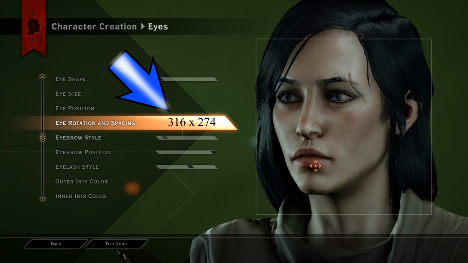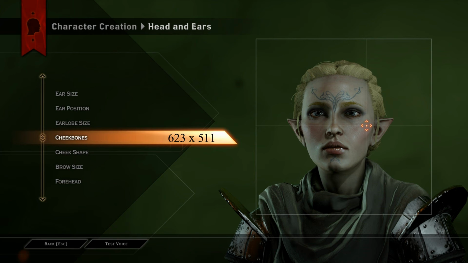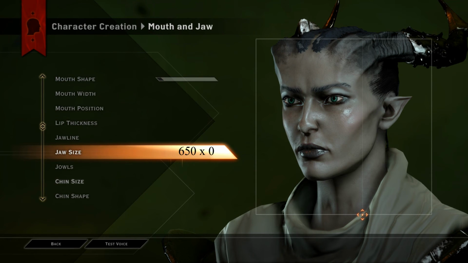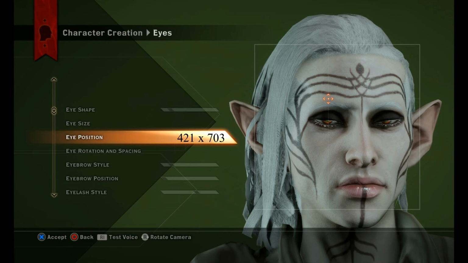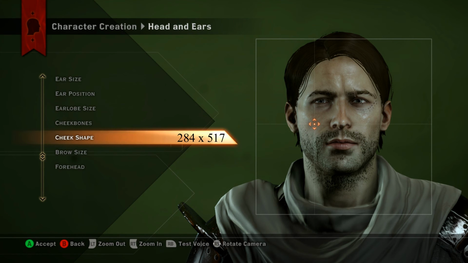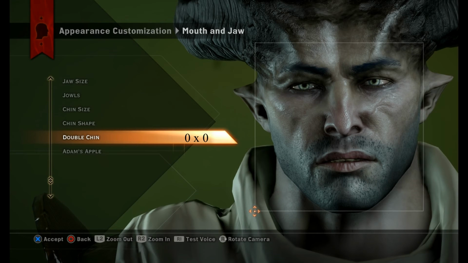Like I said, I understand if a code can't be easily shown or copied, but for individual sliders, X and Y coordinate values should be totally plausible. Now, I'm just guessing where the cursor is in these images I'm showing, but I'm sure the game could potentially show us an accurate value for its placement. So while we may not be able to share characters with the push of a button, or even save them for another playthrough, we can at least write these down and accurately recreate and share our characters with others.